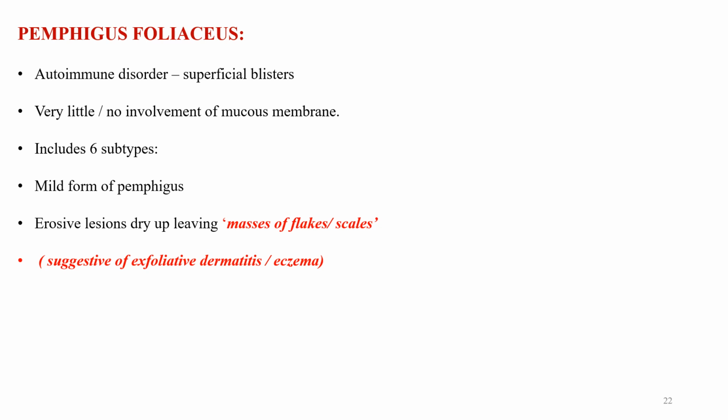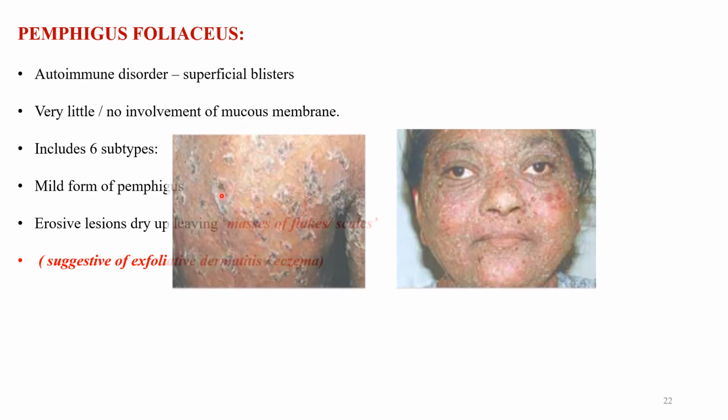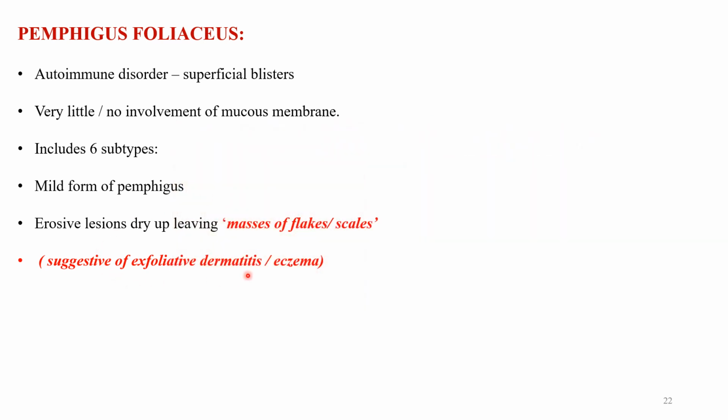Coming to Pemphigus foliaceus, this is also known as the superficial pemphigus. So this generally results in formation of a bulla which often dries up and results in formation of masses of flakes or scales. So this is how the Pemphigus foliaceus appears. There will be presence of masses of scales which is suggestive of exfoliative dermatitis or eczema.